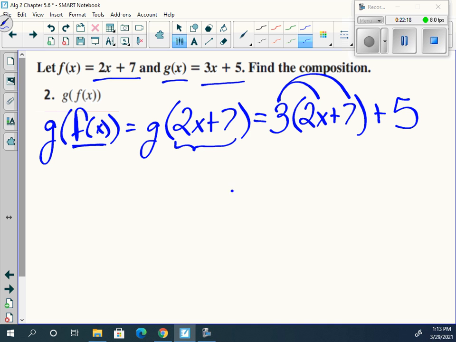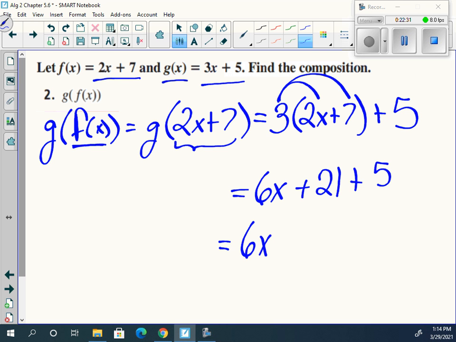So to simplify, we need to distribute the 3. 3 times 2x is 6x, 3 times 7 is going to give us 21, and we have plus 5. And 21 plus 5 gives us 26.